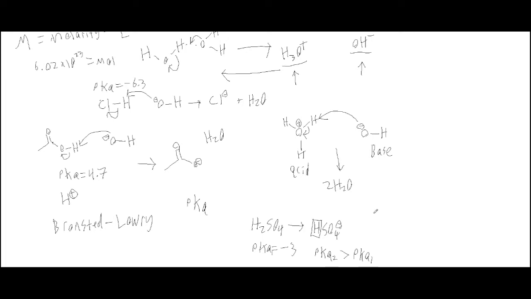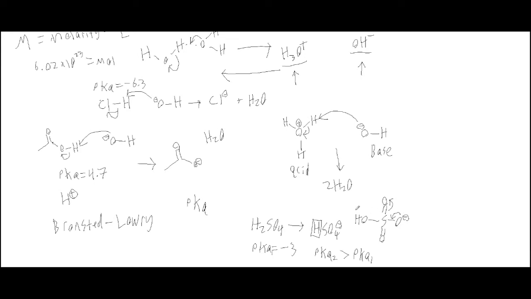The reason for that is, if you look at the SO4, so if this is with one of its hydrogens already taken off, this is being resonance stabilized by these two oxygen double bonds. So this charge is sort of spread over the rest of this molecule.